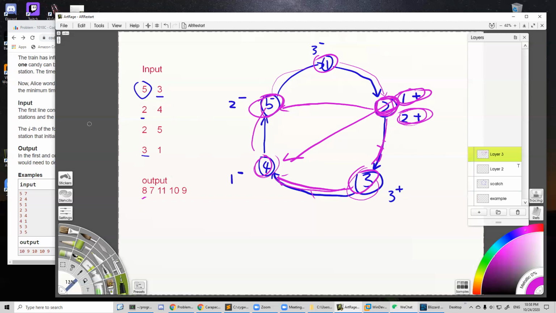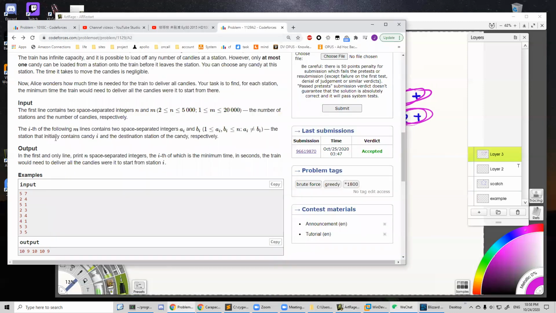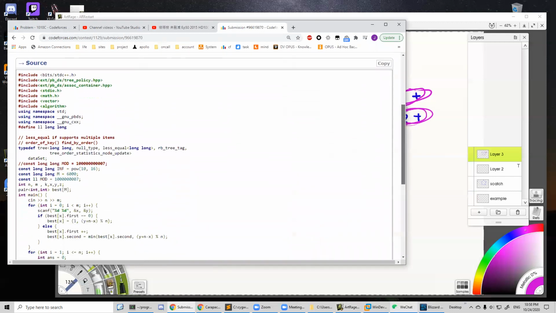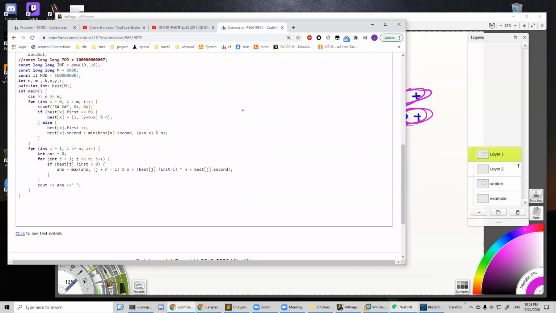So with that being said, I think we already described the critical parts of the algorithm. So let's take a look at the code here. First, we are going to read the number of stations and the number of candies.